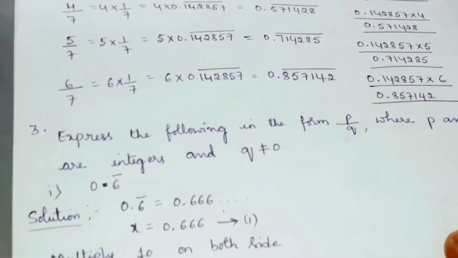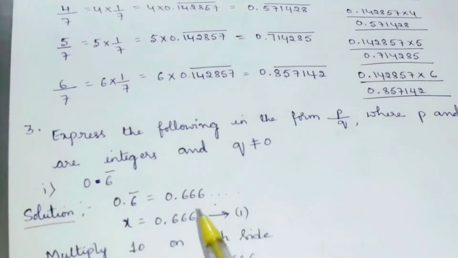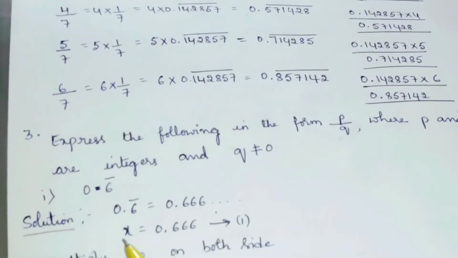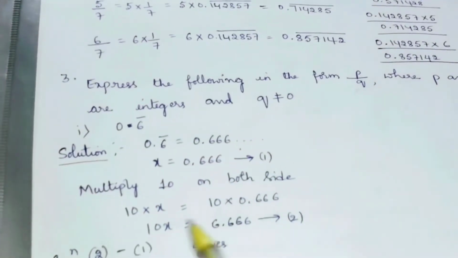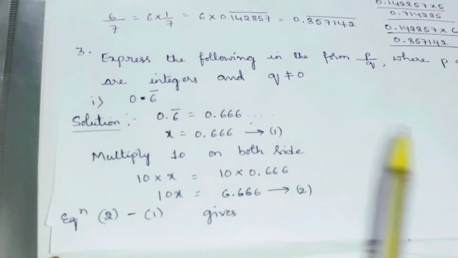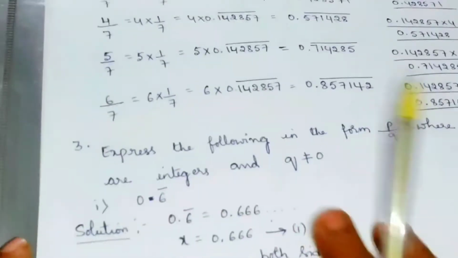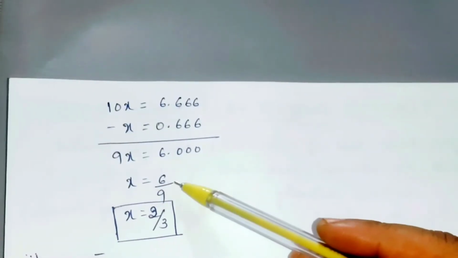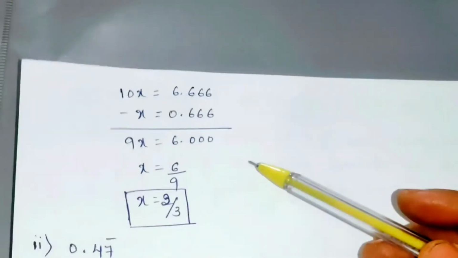First, whatever the value is given, write it in the recurring, repeating form. Then write x is equal to, then multiply both the sides by 10. Then you have to subtract the first equation from the second equation. x is equal to 6 by 9. Then x is equal to 2 by 3.